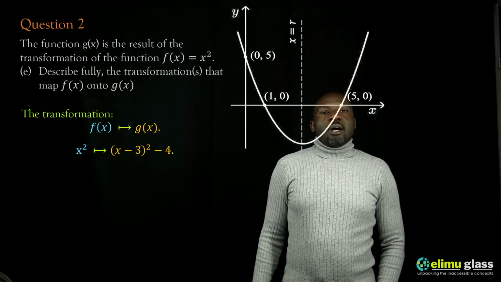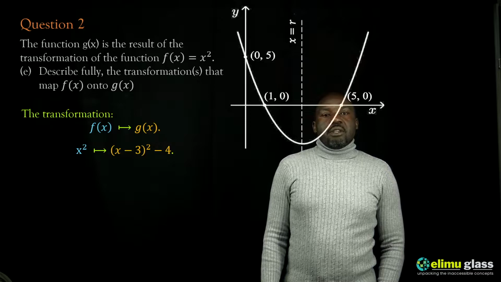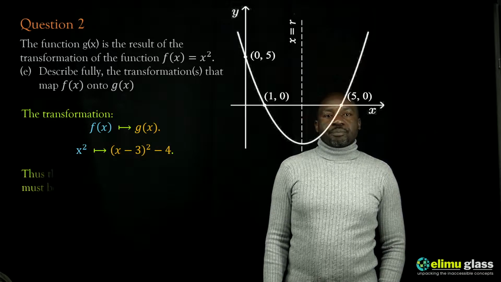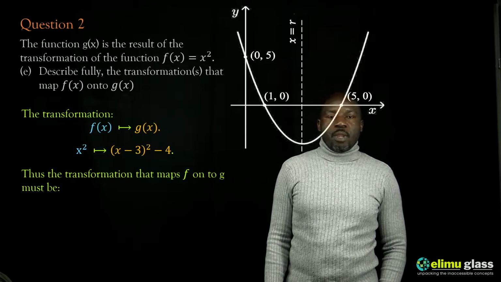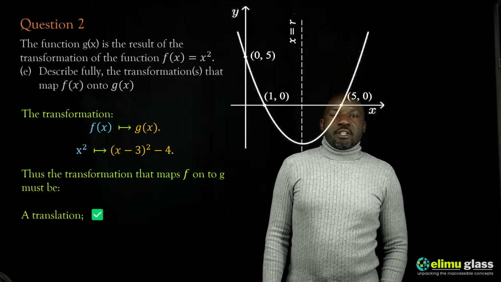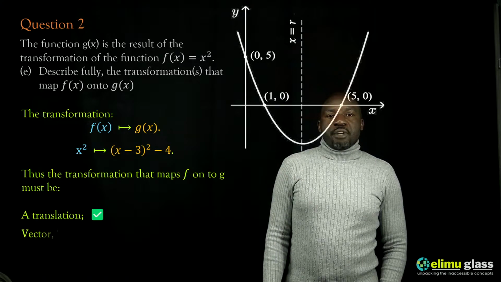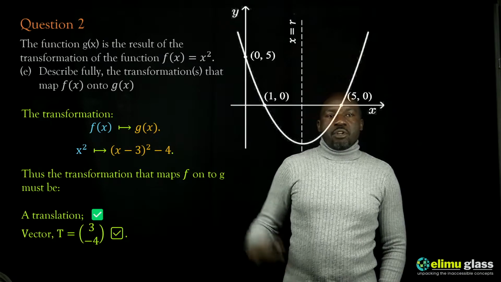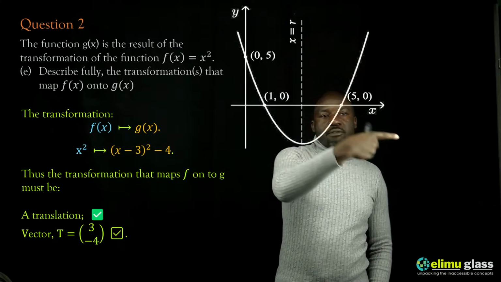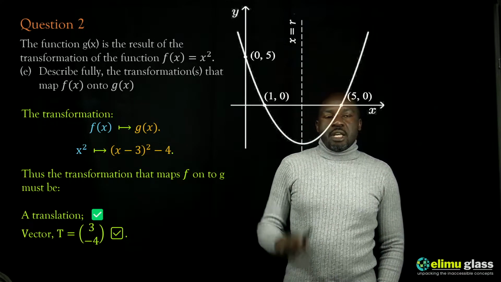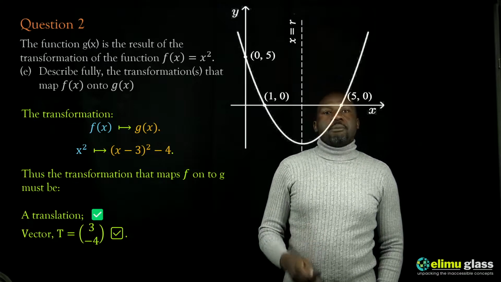So based on our discussion, this would have to be a translation, with a vector equal to 3 because the graph has moved in the positive direction, it is 3, and down, minus 4.